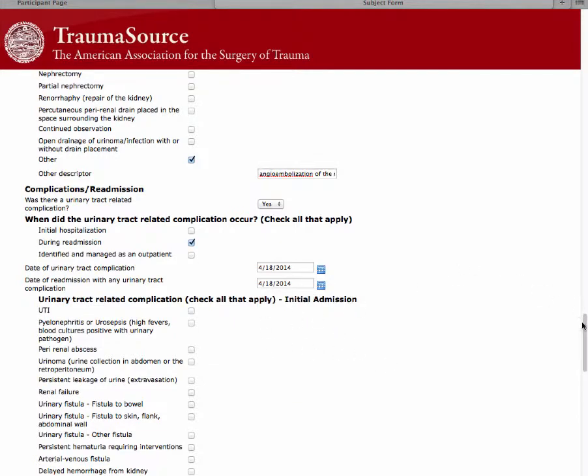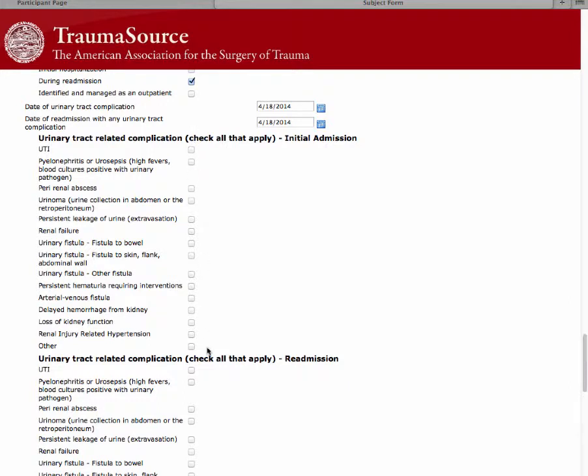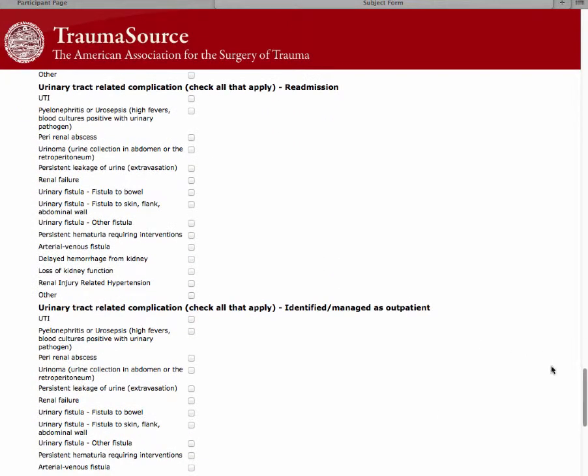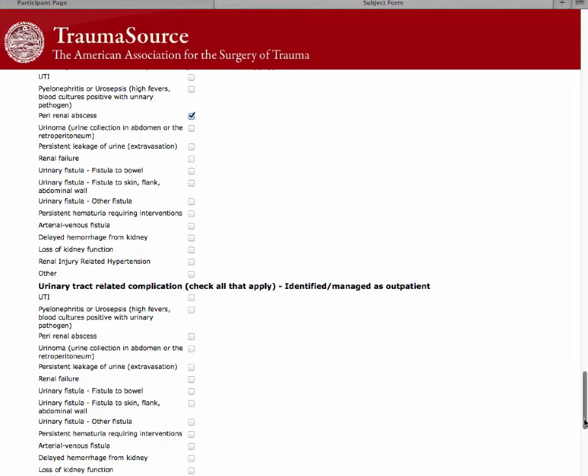What was the complication? And here are the complications during the initial admission, and there was none during the initial admission, but there are during the readmission. So during the readmission, we'll say the patient developed a perirenal abscess and came in with fevers.